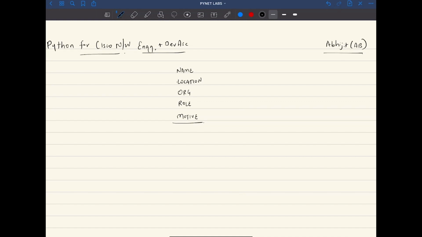Okay, thank you. Then we have, I think, Sujith with us. Sujith, please introduce yourself. Hi Abhijit, I am Sujith. I'm from Tamil Nadu, India, and my organization is CanGo Networks. I'm working as a senior network specialist.